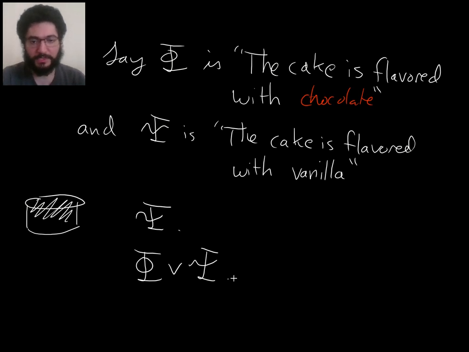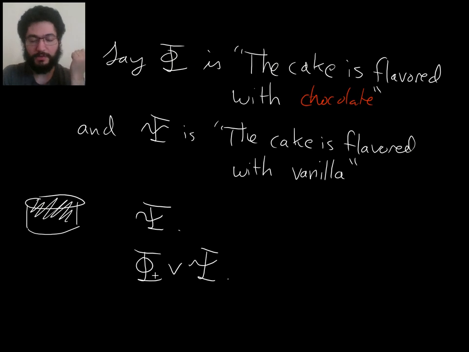Hopefully this makes some intuitive sense, even though it feels a little bit weird to say this sentence once you know that psi is true. It would make for strange conversation to say these things, but let's just suppose that someone just wants a yes-no question, and they ask you, hey, is the cake either flavored with vanilla or flavored with chocolate?